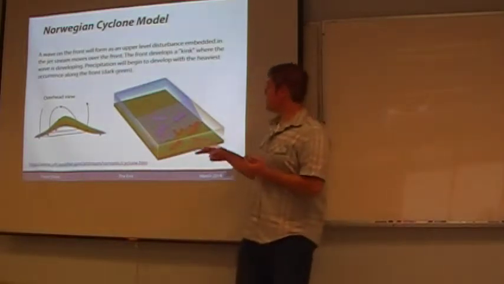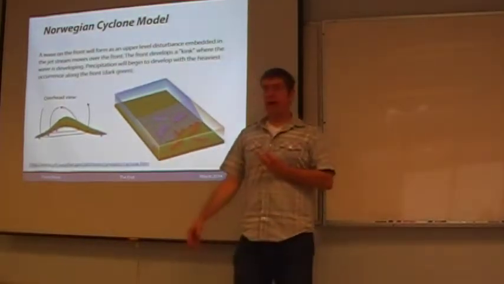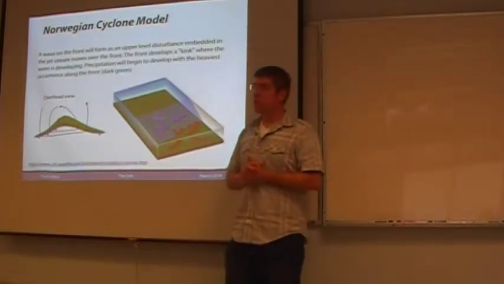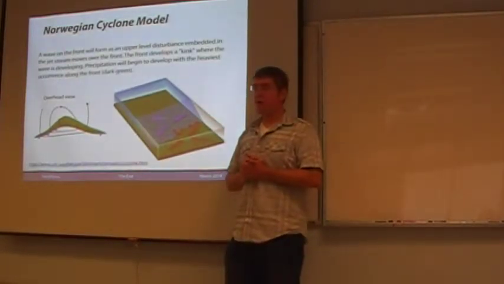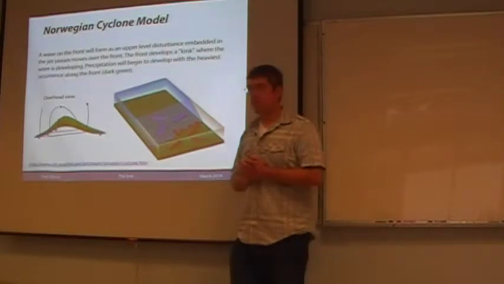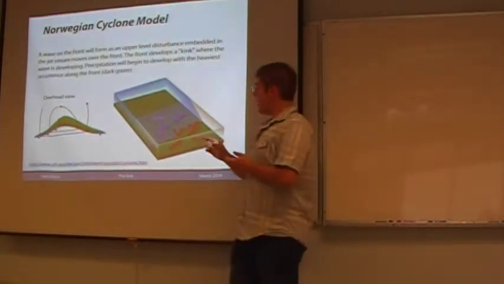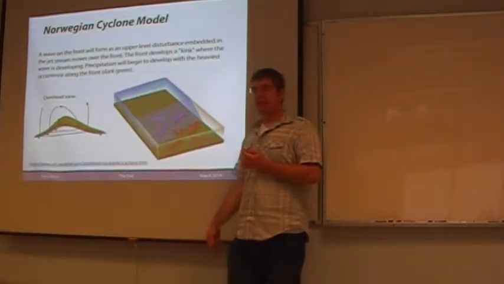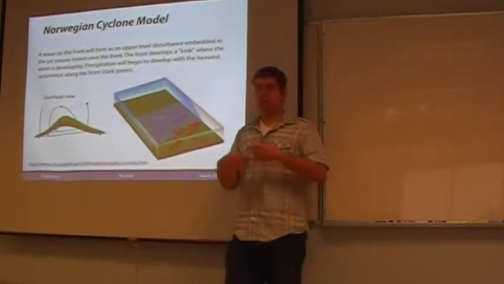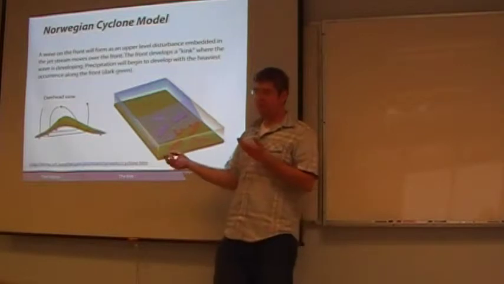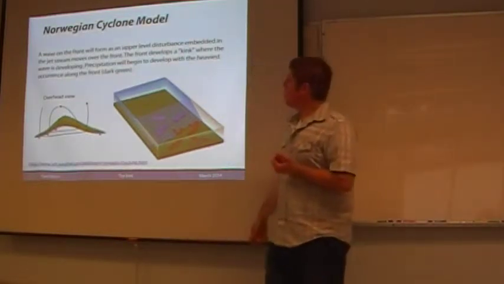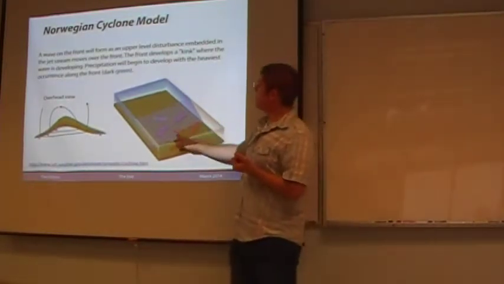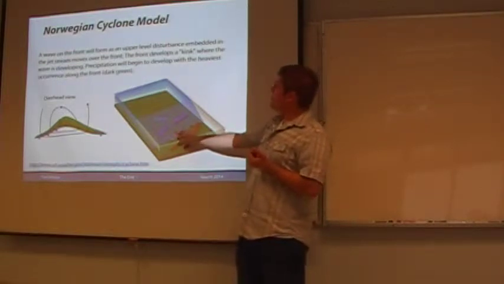The presence of the surface low then, and the stretching of the fluid column that can occur along the front, then leads to the generation of vorticity. Hence we end up with spinning motion, which drives to destabilize the stationary front and turn it into more of a sinusoidal type wave. So a wave forms due to an upper level disturbance embedded in the jet stream.